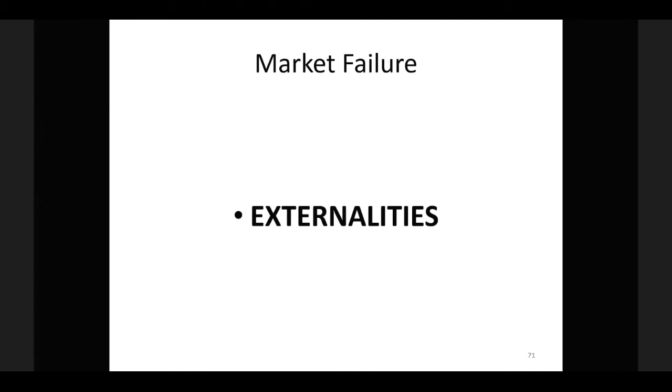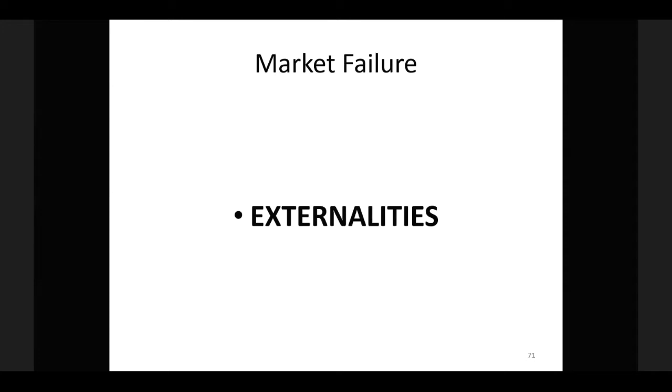So now today we're going to look at externalities. Externalities is another reason why the market will fail in bringing out efficient output.